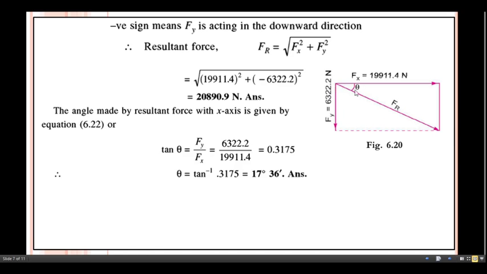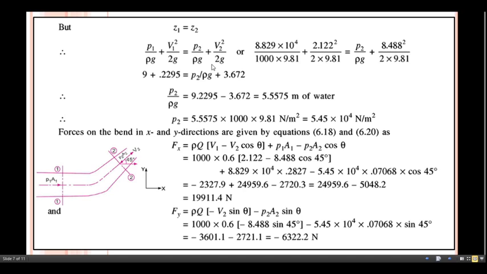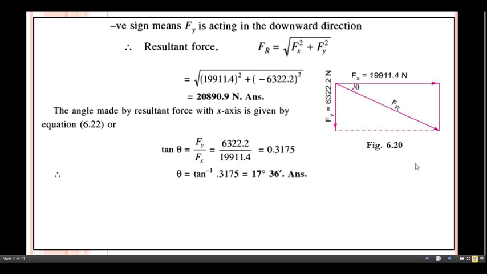That's why it is shown in the fourth quadrant. It is very important to focus on the signs of summation of fx and summation of fy.